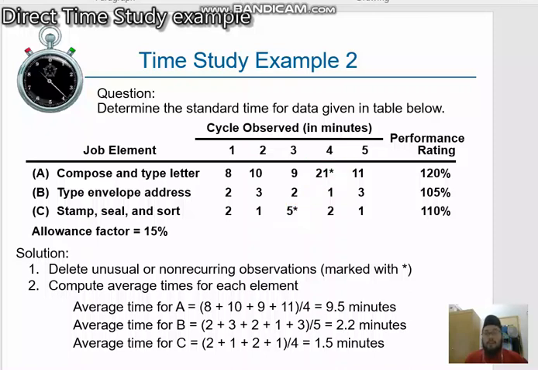A little bit of discussion on this unusual data.